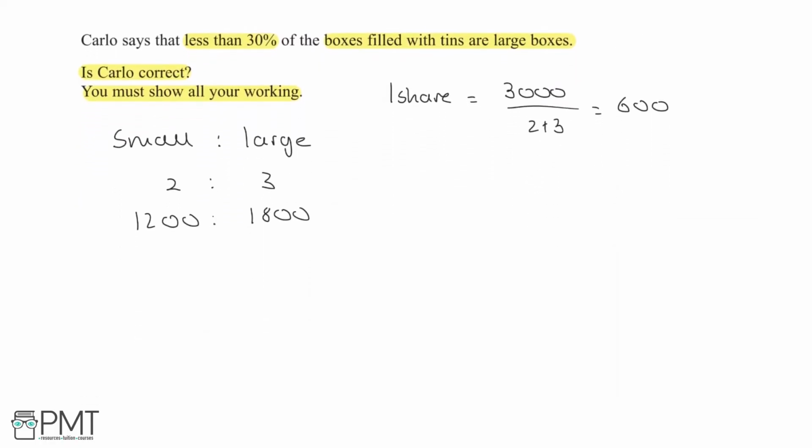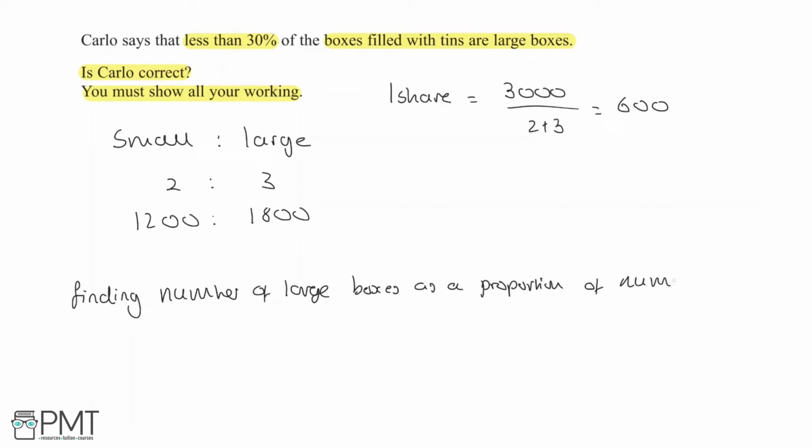So we will say finding, because we're dealing with large boxes, finding number of large boxes as a proportion of number of total boxes.